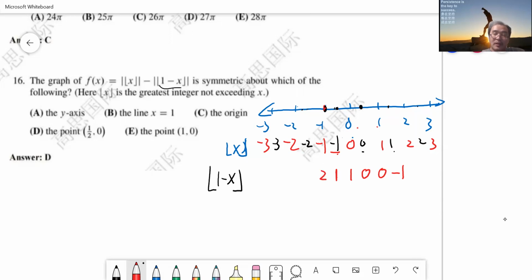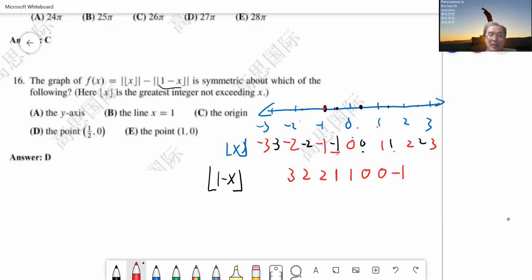Continue, some number between negative 1 and negative 2, for example, negative 1.5. This gives you 1 minus negative 1.5, that's 2.5, then do flooring, which is 2. Then negative 2, 1 minus negative 2 is 3, then 3 flooring will be 3, right? That's basically what it is, right?